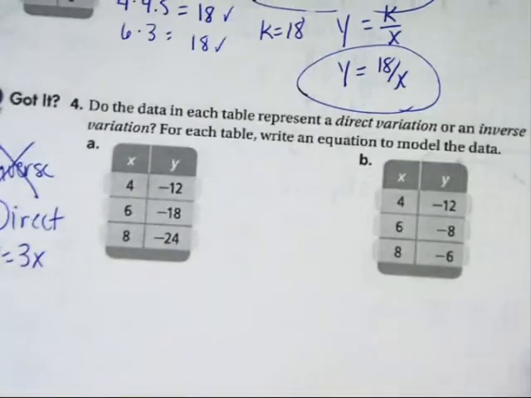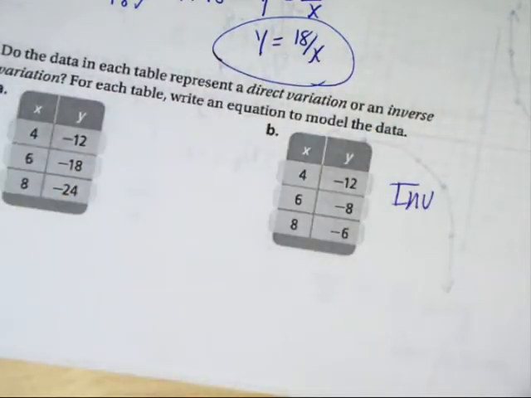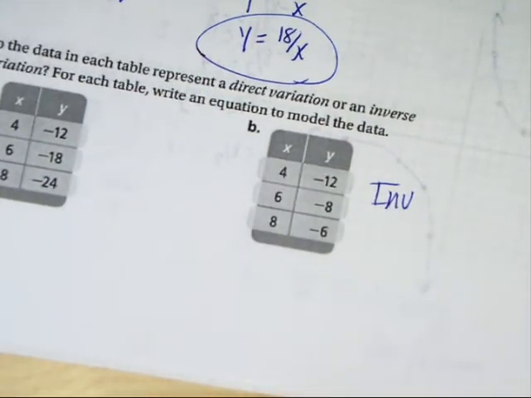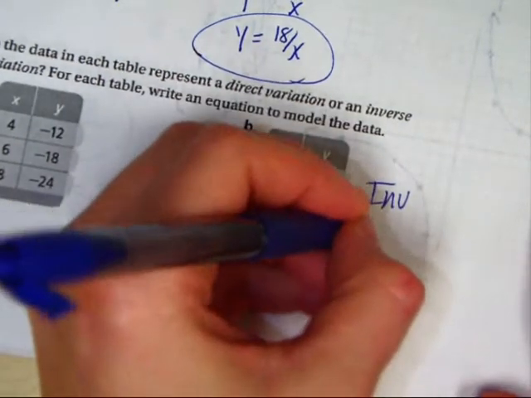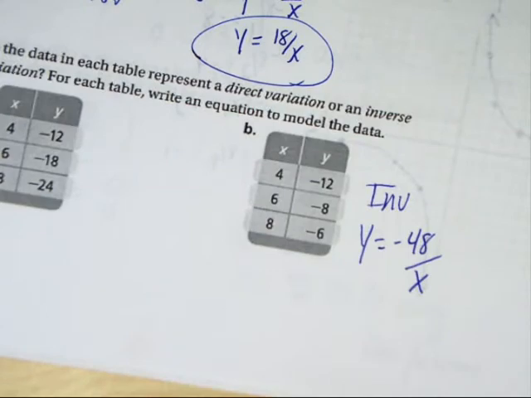In part B, I'm hoping that you get its inverse, and I hope that you get y equals negative 48 over x. All right, if you didn't get those, please make sure that you ask when you come in tomorrow.